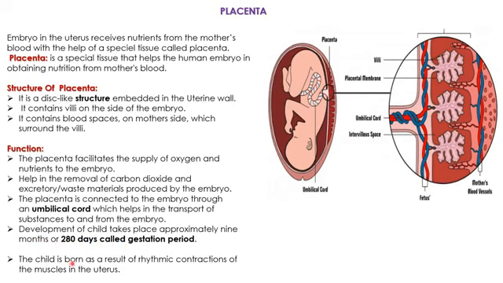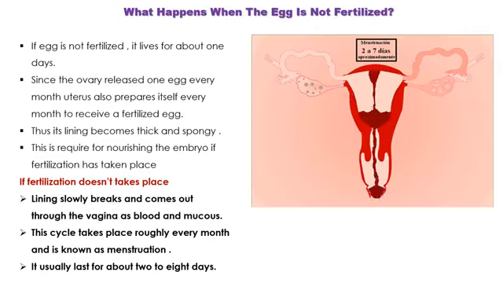And the child is born as a result of rhythmic contraction. How does the child come out from the uterus? There will be a contraction in the uterus wall, which is called rhythmic contraction, and because of that the child will come out. That is called birth or parturition.